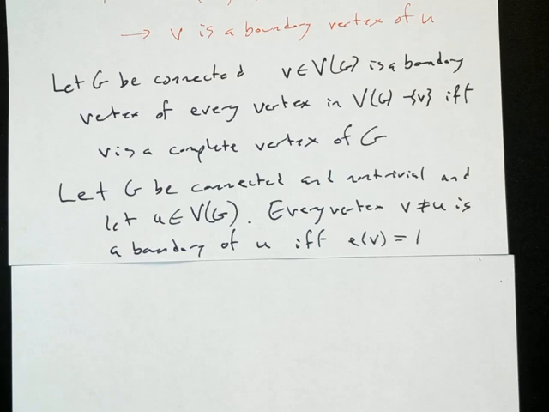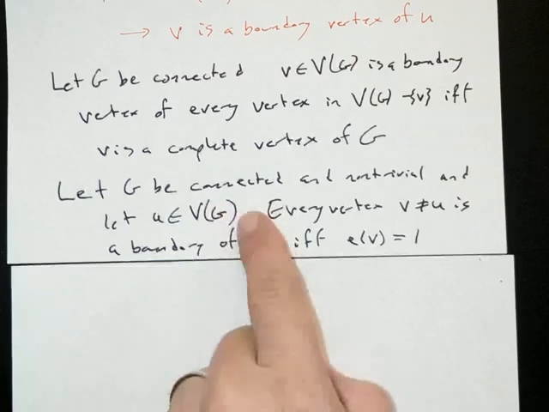That would mean there'd be something that was further away, and I can't get any further away. That means that every other vertex that I step to has to be 1 unit away from you. It means the neighborhood has to be complete. If it's a complete vertex, then it's a boundary vertex. This statement right here is a consequence of this one.